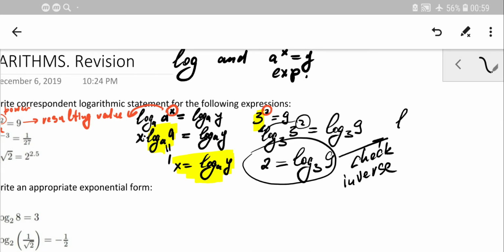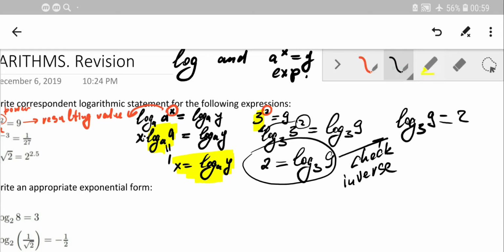So log 3 of 9 equals 2. By definition, we take the base, raise it to the power of 2, and that's how we get 9. 9 is 3 squared. Is it correct? Yes, it's correct. So we put a tick and say we've done it correctly.